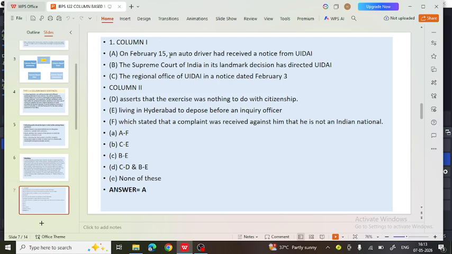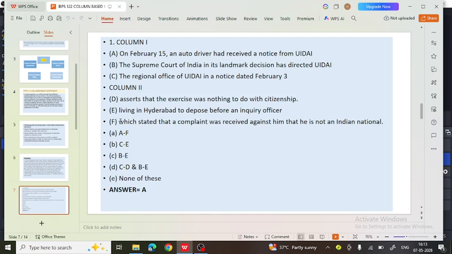On February 15, an auto driver had received a notice from UIDAI which stated that a complaint was received against him, meaning in the notice which he got from UIDAI. So what is contained in that notice? That he is not an Indian national. So logically, you are able to form a sequence by joining this A part and F part.